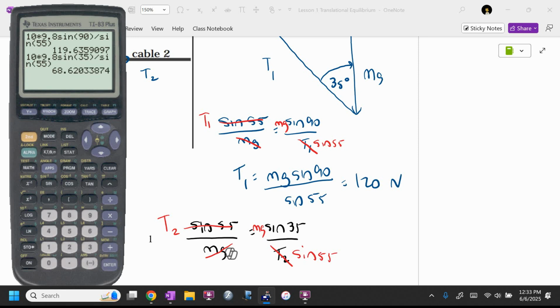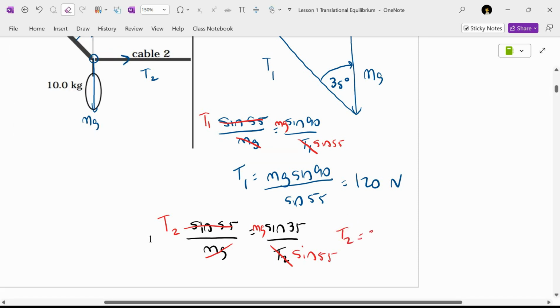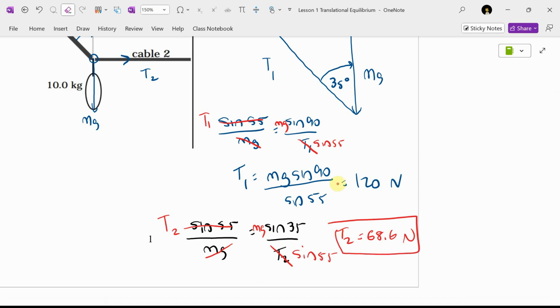And I get 68.6. That's really the gist of this whole lesson, but we're just going to go to weirder examples and trickier to find angles.